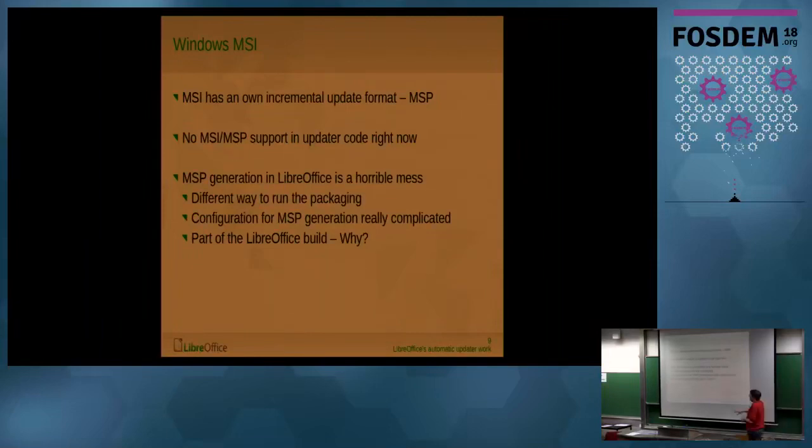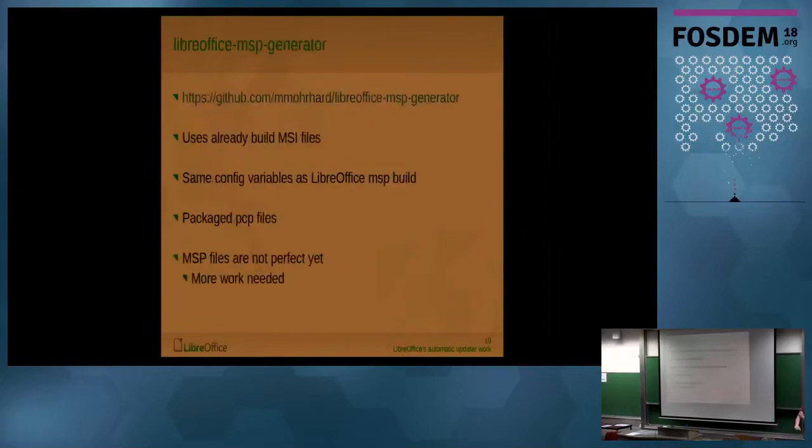And the question for all of that is why? We have MSI files, we can install them, and basically what we are interested in is the difference between two MSI files. That's why I started a new project.